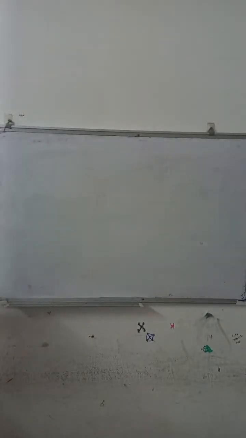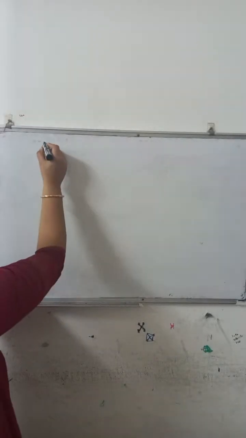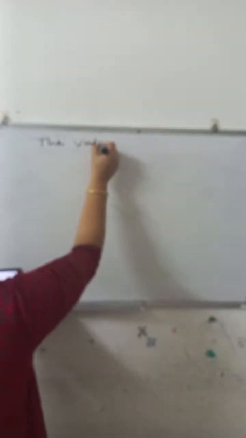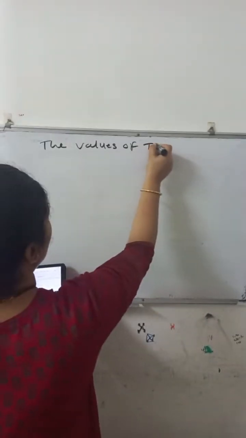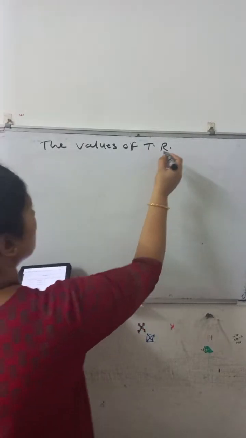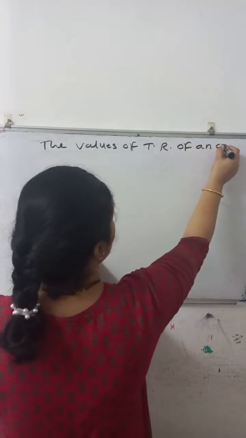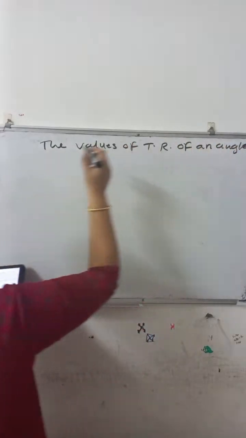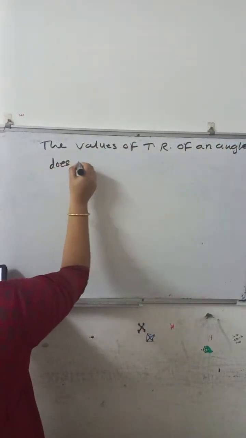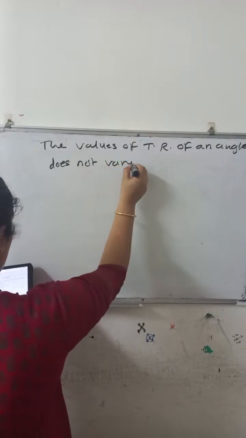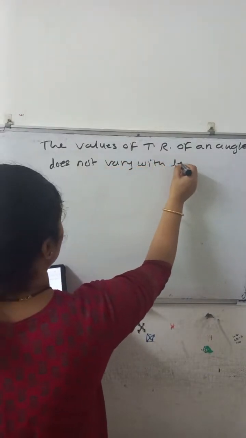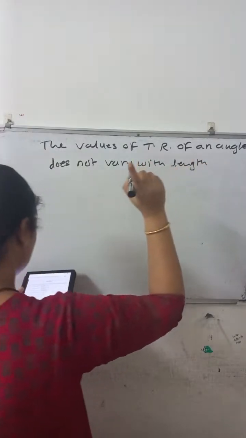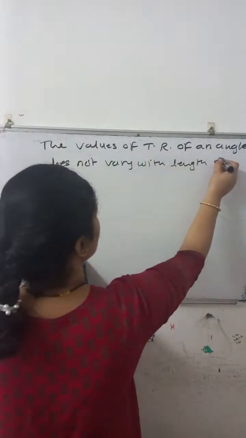The important statement is: the values of a trigonometric ratio of an angle do not vary with the length of the sides of a triangle.